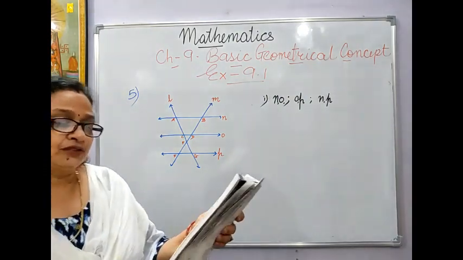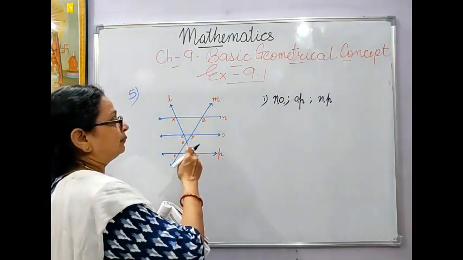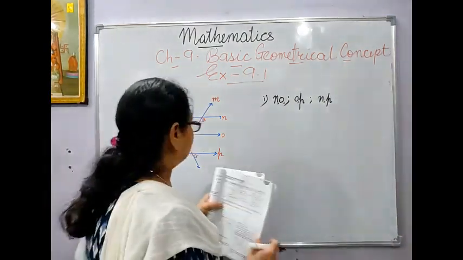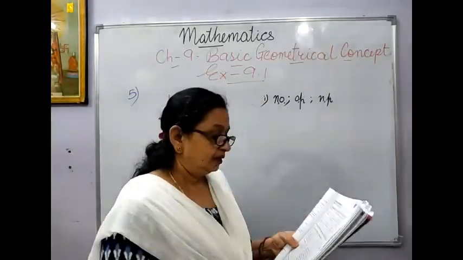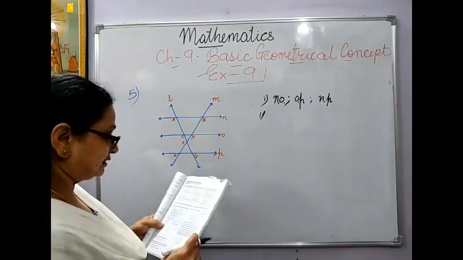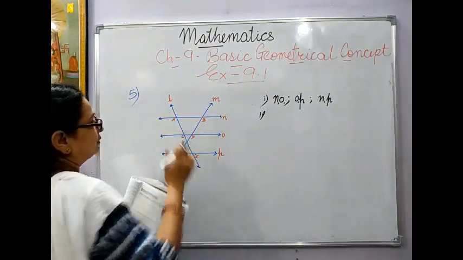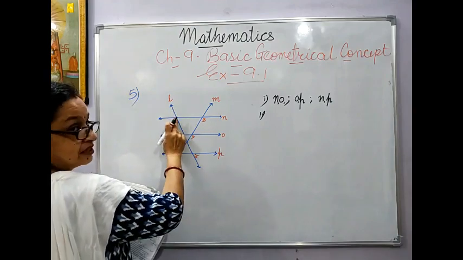Then all pairs of intersecting lines. So this is the second one. All pairs of intersecting lines. Now see here, these are intersecting lines. Now how are they pairing? They are crossing each other at this point.